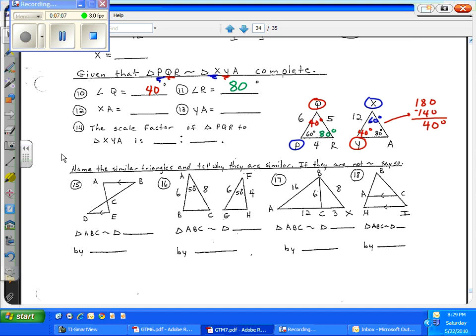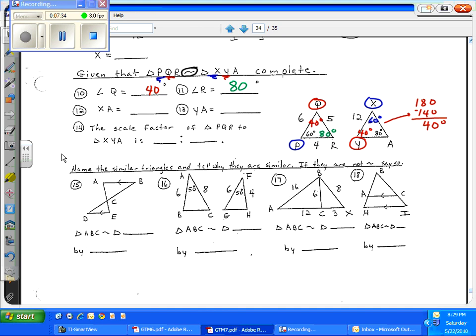We now have that all three angles of one equal all three angles of another, so these are obviously similar by angle-angle similarity. If they're similar, then the sides are in proportion, but we would want to be able to name that proportion. Actually, I'm not sure why I said they're similar by angle-angle similarity.